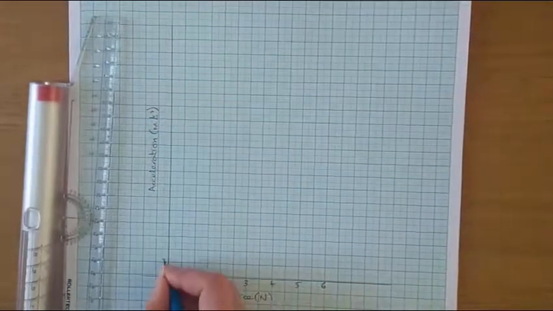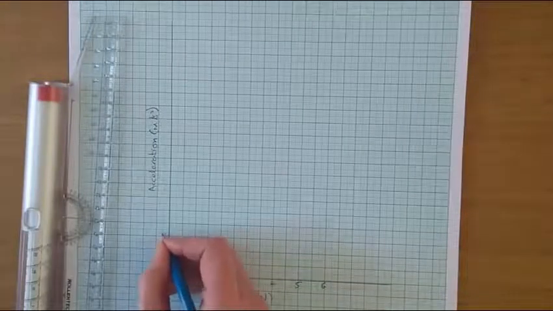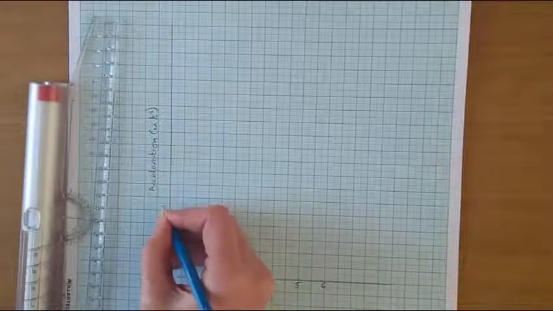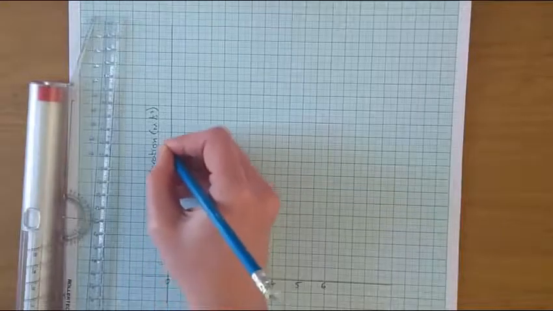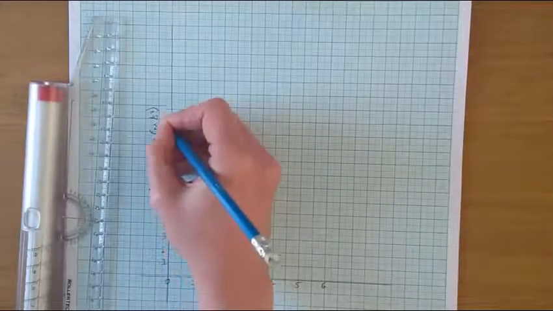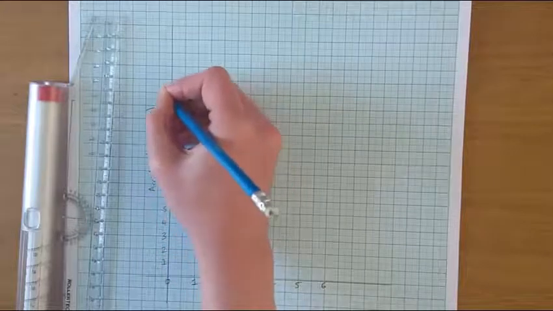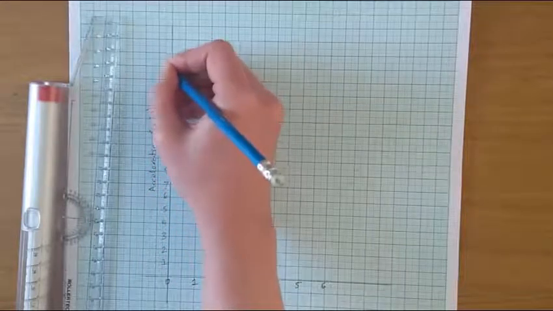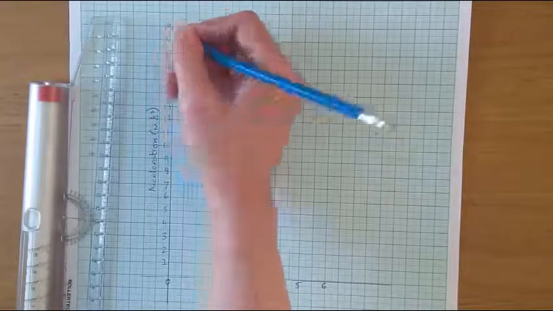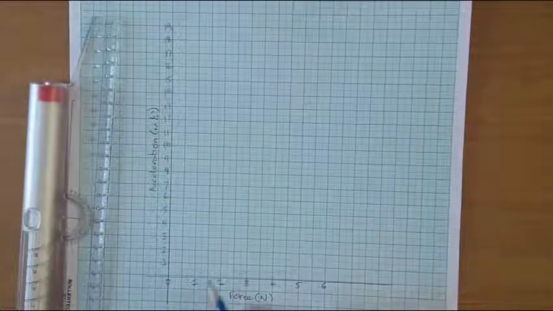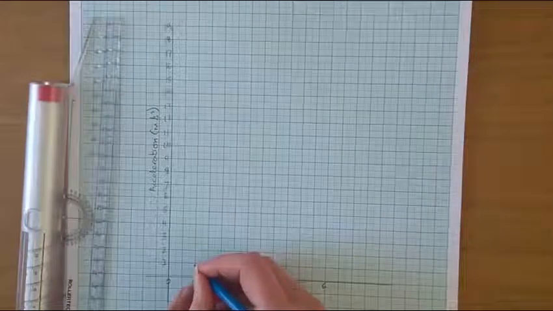Okay, and then we can go up 1, 2, 3, 4, 5, 6, 8, 9, 10, 11, 12, 13, 14, 15, 16, 17, 18, and 19. Okay, so for 1 Newton we had 1.47, so that's about 1.5.